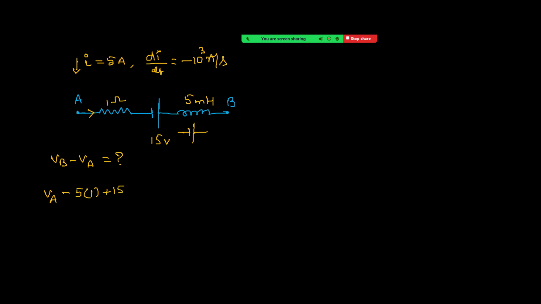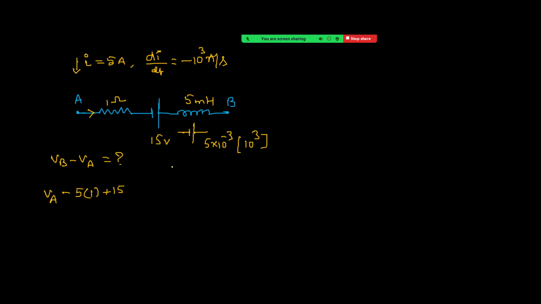Next, again from low potential to high potential, this value is L into minus di by dt. L is 5 into 10 power minus 3, and di by dt is minus 10 power 3, so it is minus di by dt, that is 10 power 3, and that will be equal to 5.